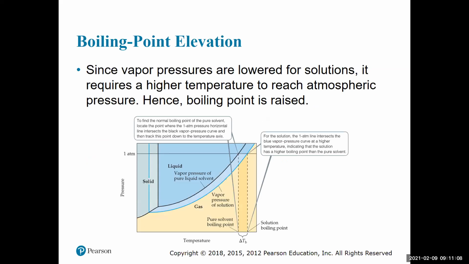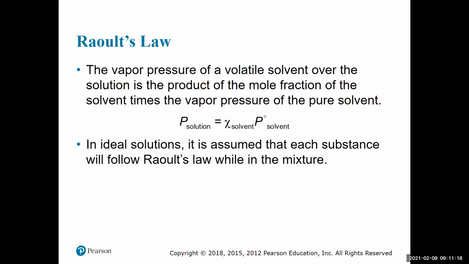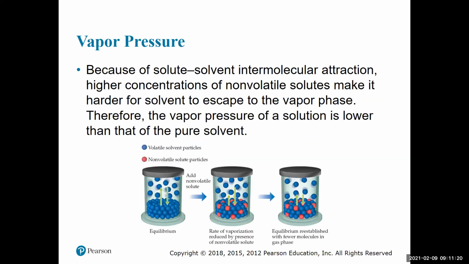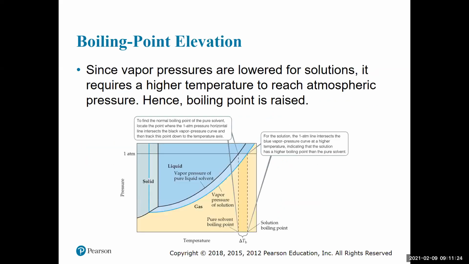So, boiling point elevation. Remember what we talked about here: we said we're lowering the vapor pressure. Since the vapor pressures are lowered for solutions, it requires a higher temperature to reach atmospheric pressure.